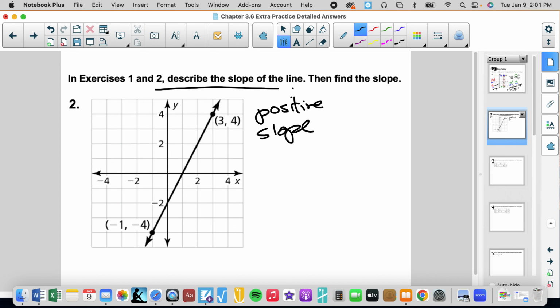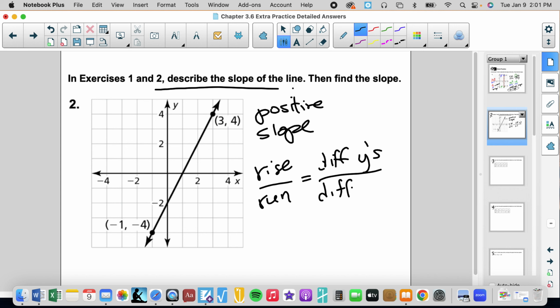If we want to be even more specific, we're going to do the rise over the run. Slope is the difference of y's over the difference of x's. Y's deal with rising up and down. X's deal with running left and right.